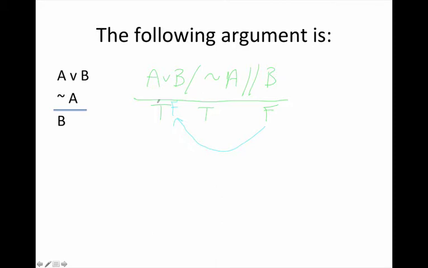The only way for A wedge B to be true if B is false is if A is true, but we can't have that. If not A is true, A's got to be false. So we run into a contradiction of our truth definitions. This is disjunctive syllogism. It's a valid argument. So when you run into a contradiction with your truth definitions, your argument is valid.